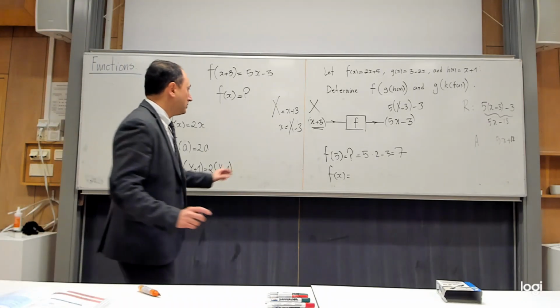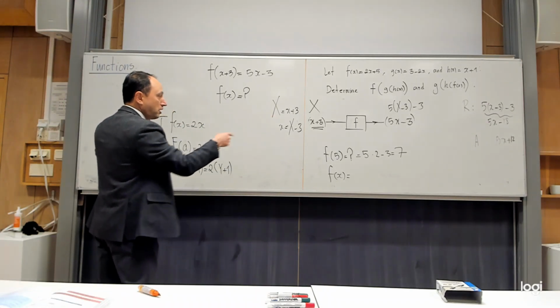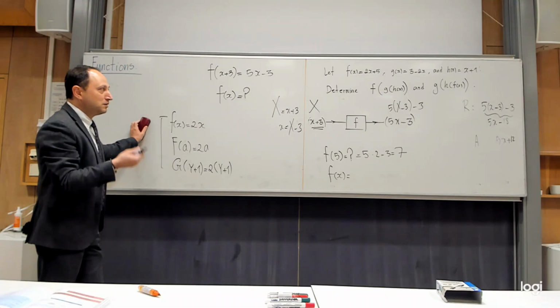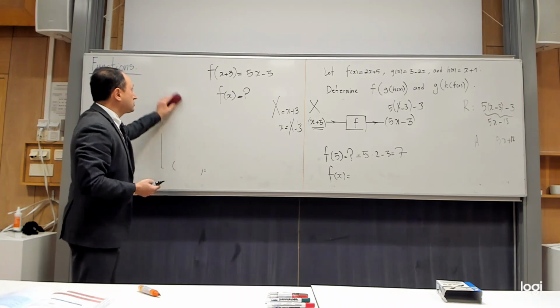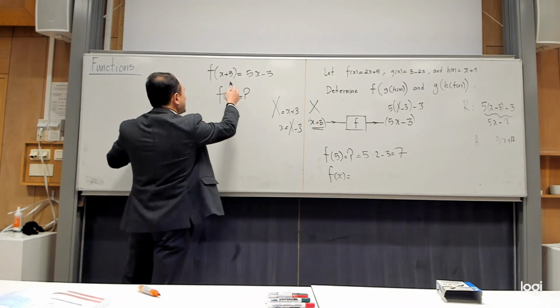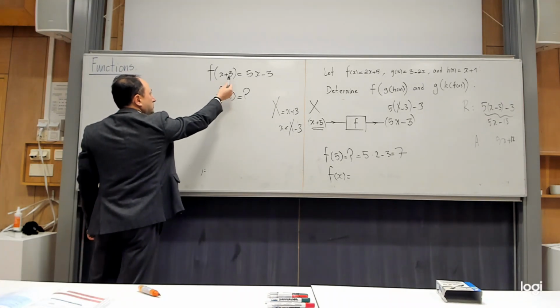So, for example, if I want to solve this problem, I can teach you the trick, but I want you to understand why the trick works. Usually I do not put this as my input.